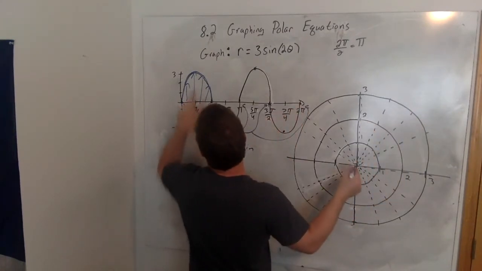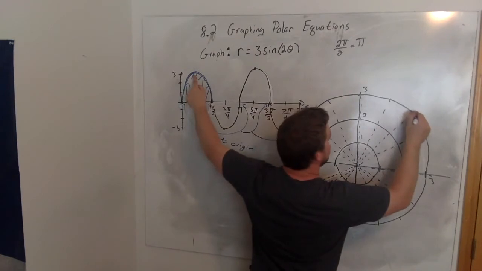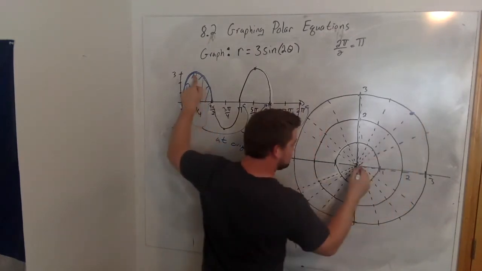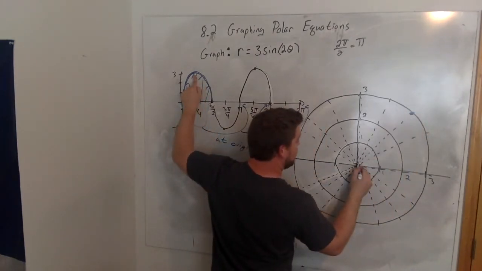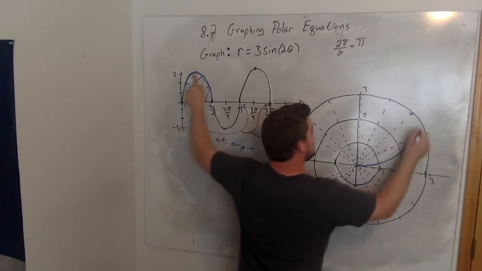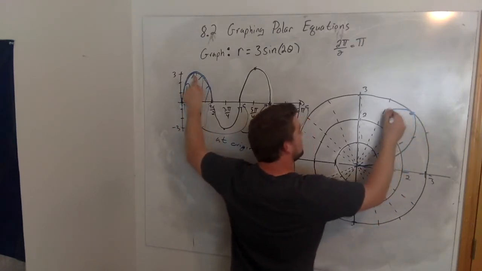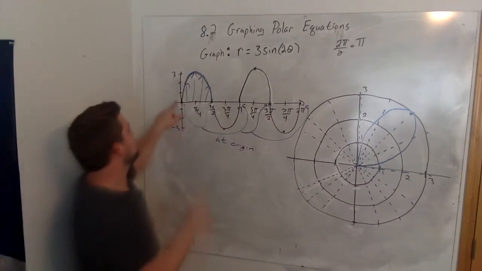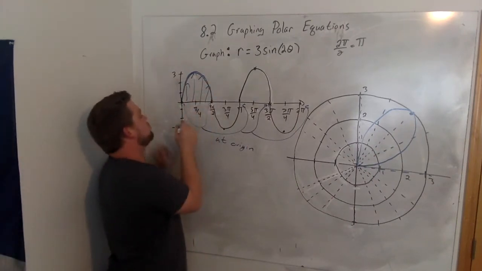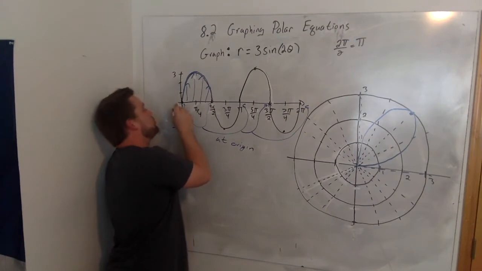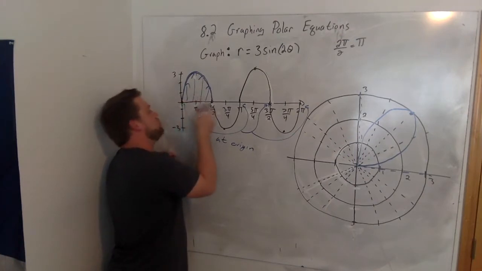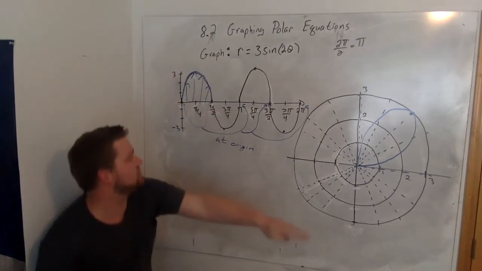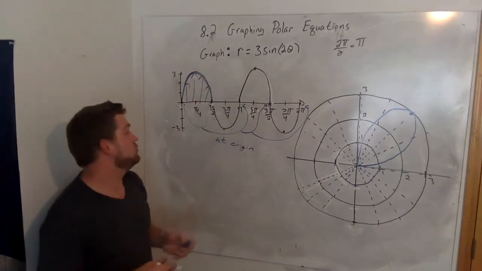And right at pi over 4, it's going to be a radius of 3. Again, this is just a loose sketch, but I'm going to have a leaf here. We're going to start at the origin, go away from the origin, and then return back to the origin, all while rotating between 0 and pi over 2.